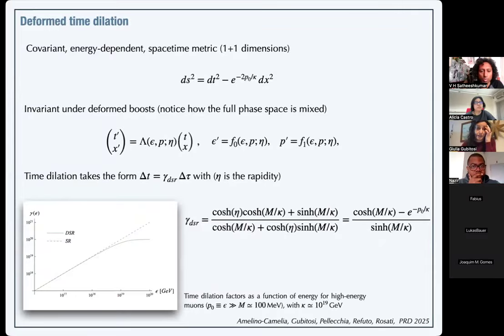And another feature that one can study, for example, is how time dilation changes within these models. And again, within the model that I'm using as an example, you can in fact define a space-time metric. You want it to be covariant, of course, and you can define a covariant space-time metric, covariant under the deformed symmetries. You see that it is energy dependent. So it is basically the metric seen by a particle of a given energy, roughly speaking.